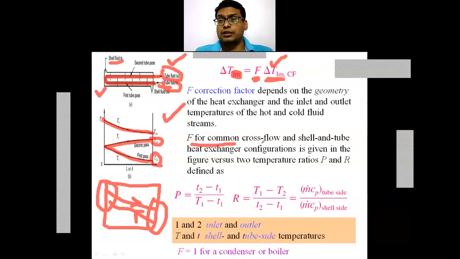So F is a common factor for the cross flow arrangement, where P and R, or S and R, are calculated by using the temperature differences, where T2 and T1 are the inlet and outlet, and capital T and small t are on the shell and tube side.